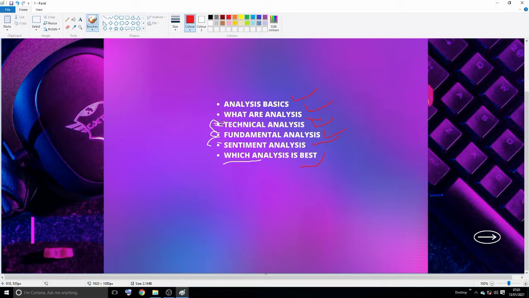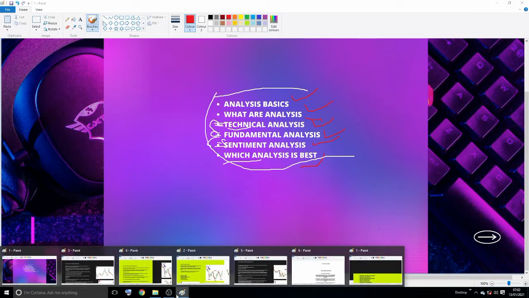Try to combine technical analysis with fundamental, or technical with sentiment, either way. I use technical analysis, and sometimes I look at the momentum using sentiment analysis.